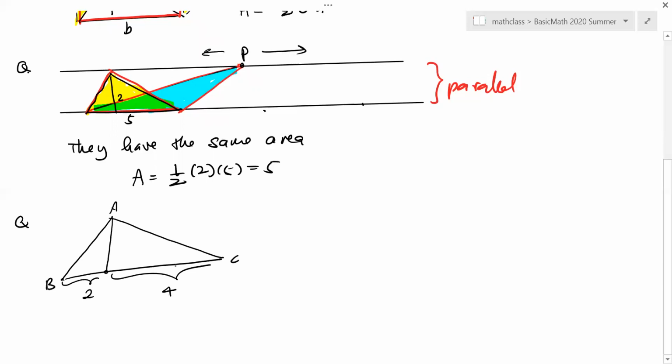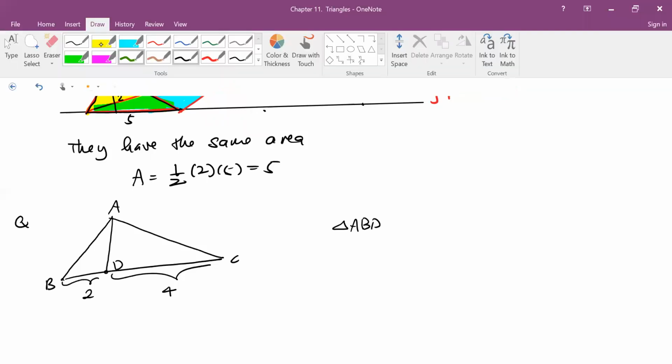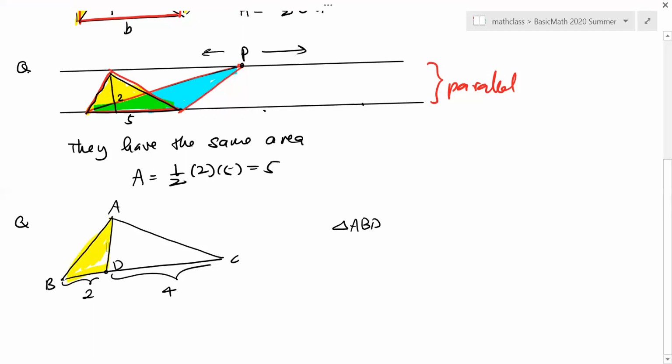Let's call it A, B, C, and D. So the triangle on the left is denoted A, B, D. Let's say this triangle has an area of 3 square units.